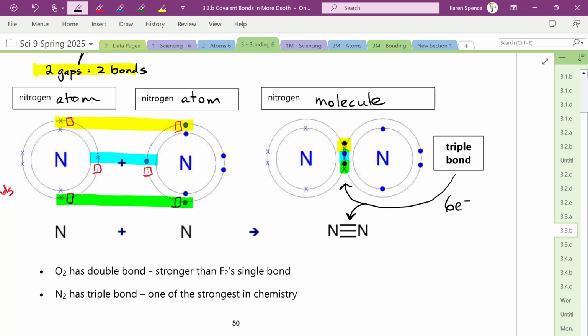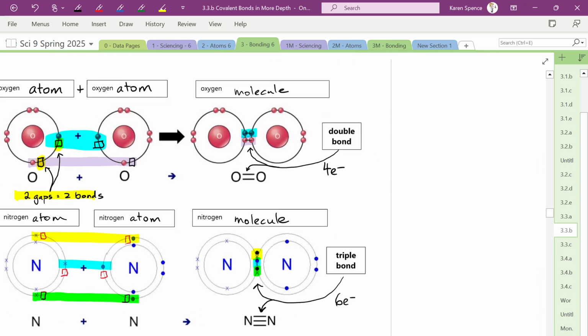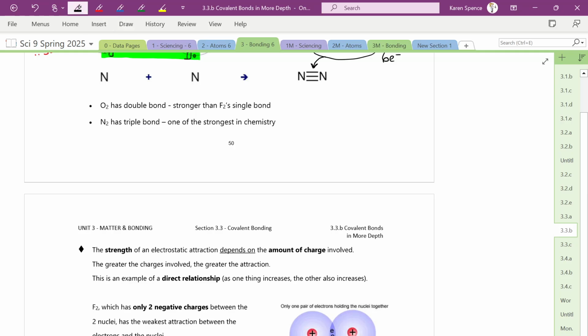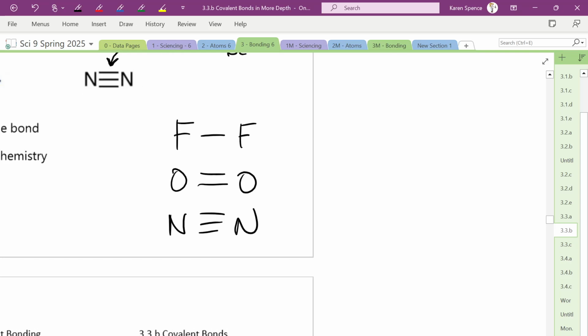Which bond do you think is the strongest out of fluorine and oxygen and nitrogen? Nitrogen is the strongest. It's got the most electrons pulling the 2 nuclei together.